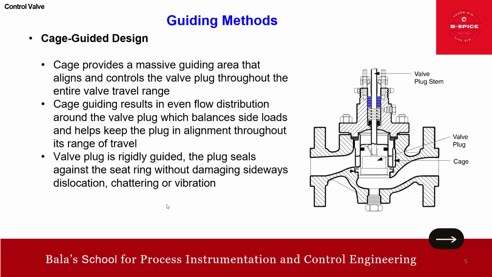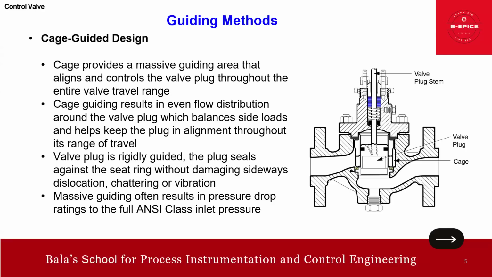That is the design feature. Because of this massive guiding, it often results in a pressure drop rating up to the full ANSI class inlet pressure. That is also one of the features. Cage guiding can also provide extended control life in many applications. So that is the design feature of this cage guided.